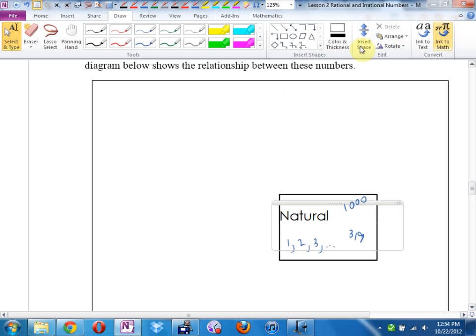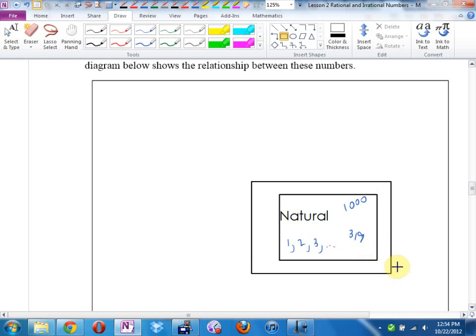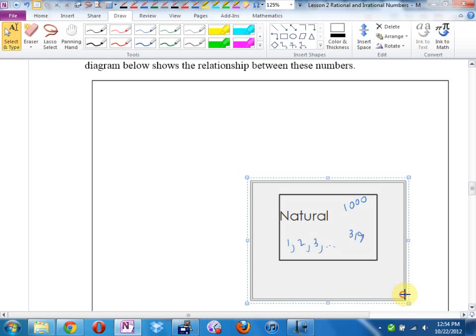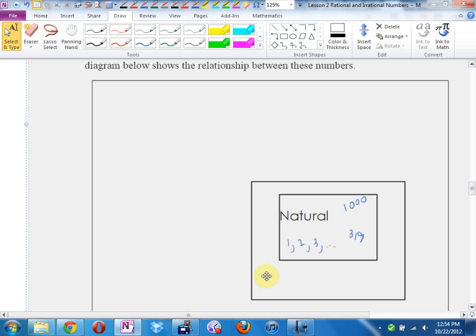Then draw a slightly larger circle or rectangle that swallows up this one. This is the whole numbers. The whole numbers include all of the naturals. In other words, if you know a number is natural, you know it's also whole. What are the whole numbers?